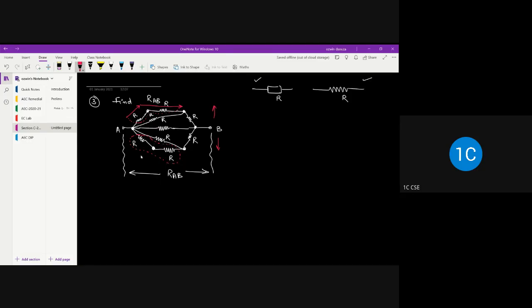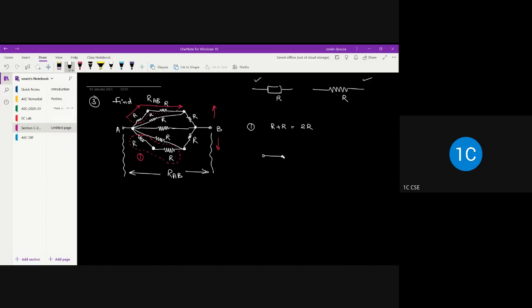This one I'm going to write as step 1. If you are comfortable in one step, you can just tell me the answers also, no problem. Under step 1, I have R plus R, which is 2R, because they are series connected resistors.